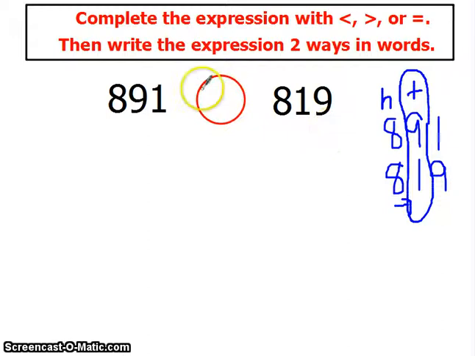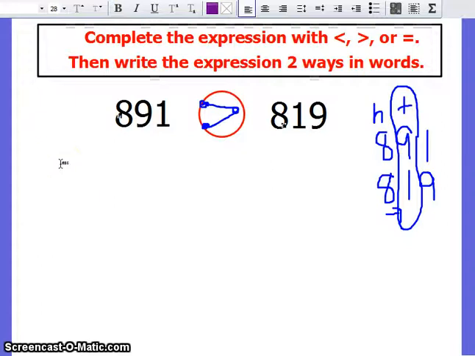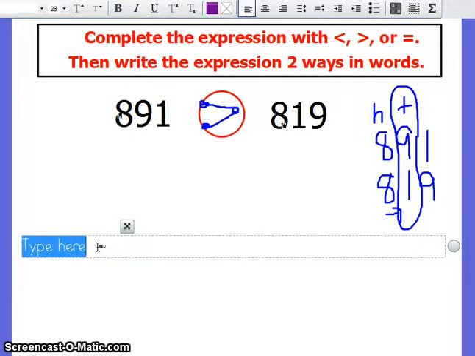So therefore, the alligator eats the big number. Always remember that. Connect my dots. So now I can say that 891 is greater than 819. I can write this a couple of different ways.